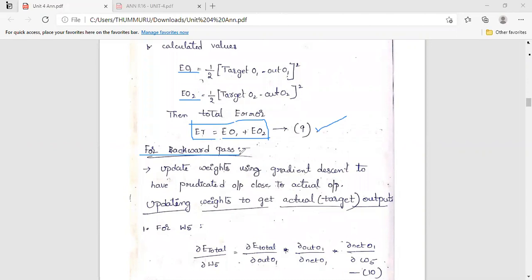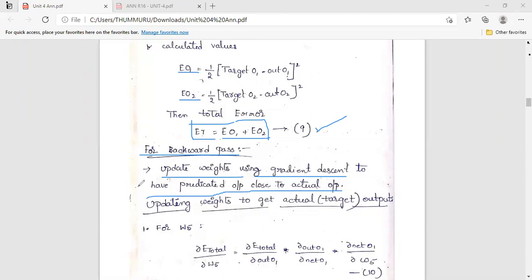In this back propagation, what we are going to do? Here we are going to update weights using gradient descent to have predicted output close to the actual output.